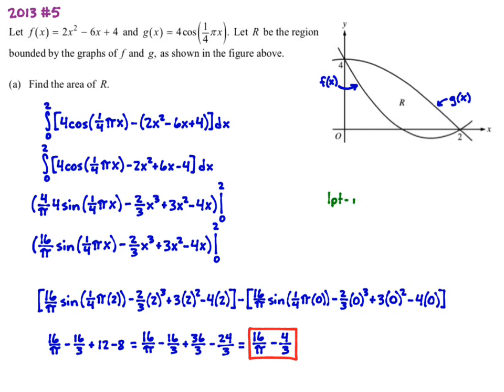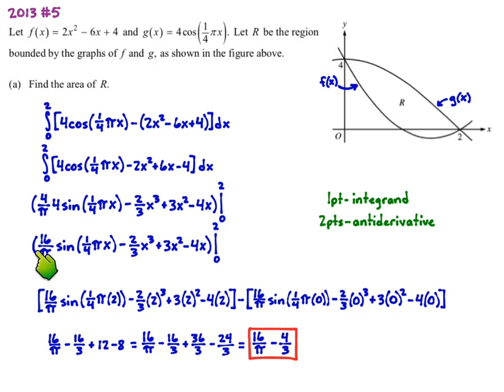The points for this, you would get 1 point for having the correct integrand. So if you knew it was upper curve minus lower curve, you get the 1 point there. You would get 2 points for the correct antiderivative. Now, I don't know exactly how they would break this down.